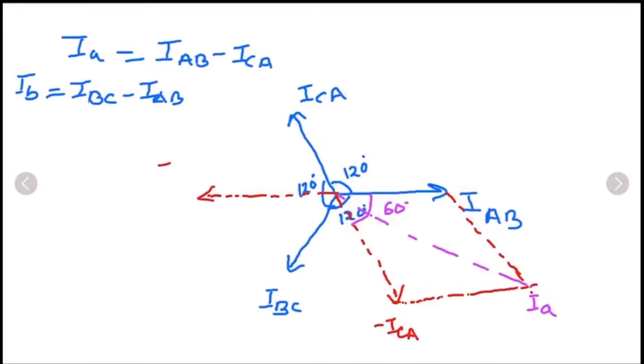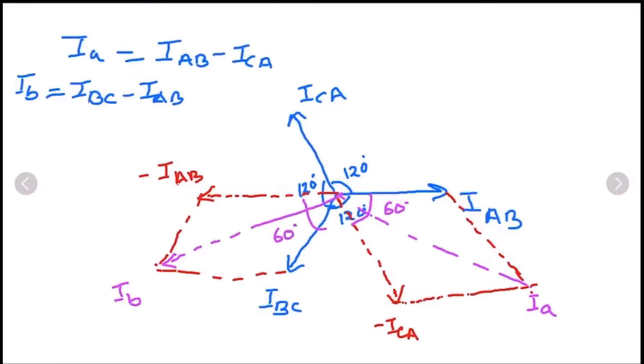So here we will have minus IAB, and again we will draw a parallelogram, and wherever it intersects, that will give you the resultant, that is your IB, and this will be your 60 degree.